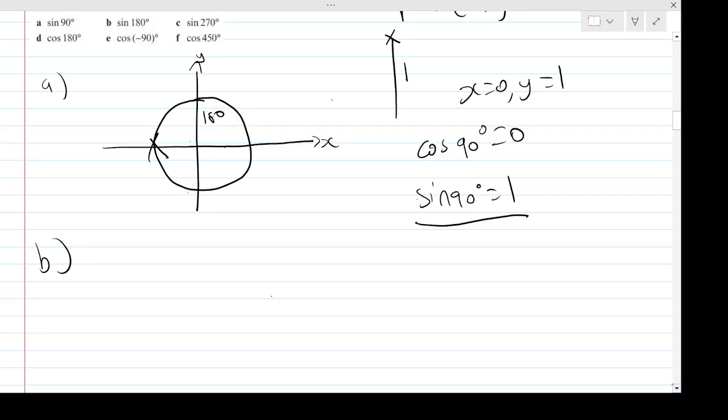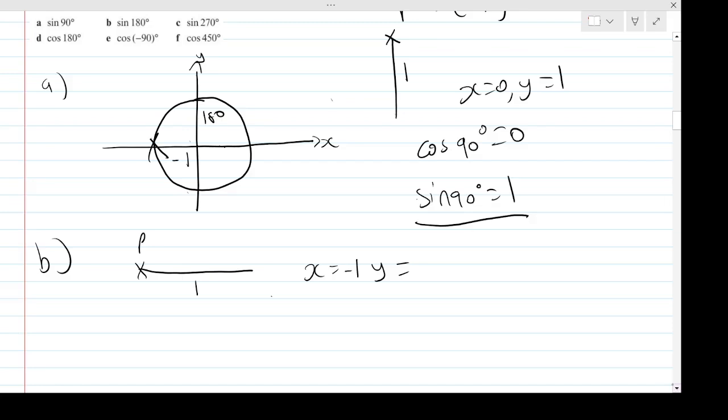Again then, if our point P is there, it's just a horizontal straight line. In this case, the length would again be 1, because that's the radius. There's no y coordinate; this is just the x part. So x is, well, actually it'd be negative 1, because it's on the negative x-axis.